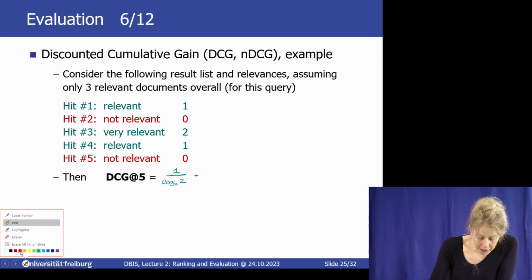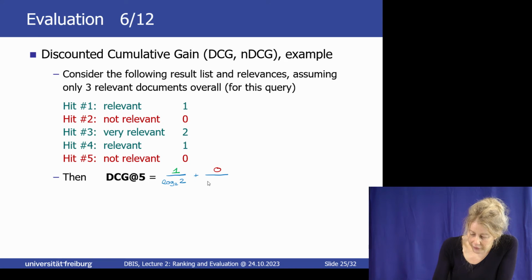Now the second one, I don't really have to add it up because it's a 0, but I still write it here so that it's clear. 0 over log 2 of 3. This now just goes up. Now comes a 2. I know it's not the same green, but I hope you can see the connection anyway.